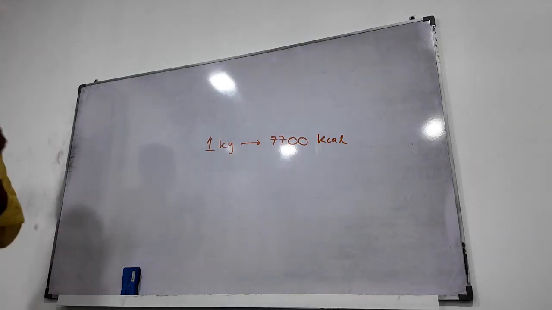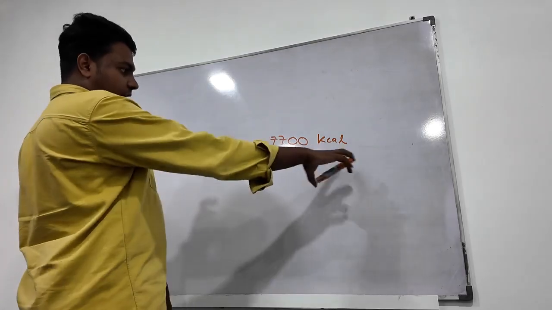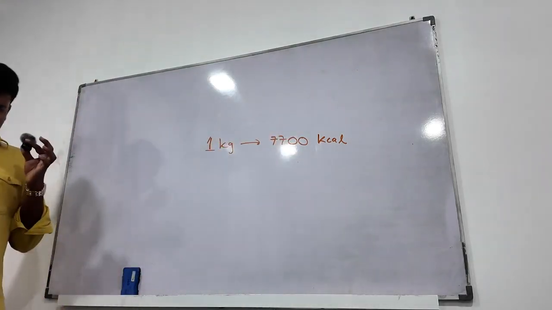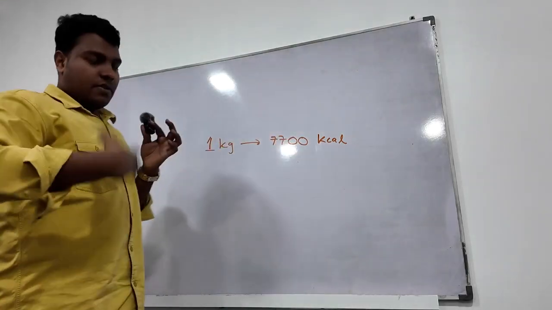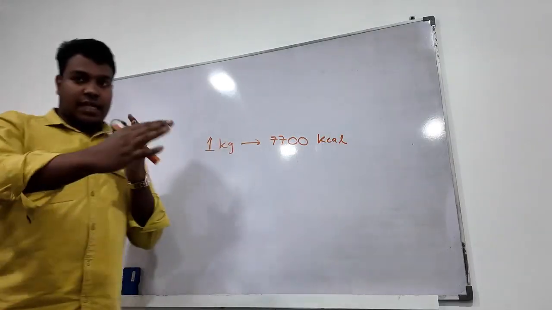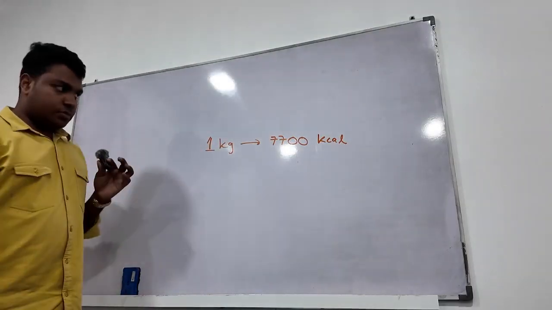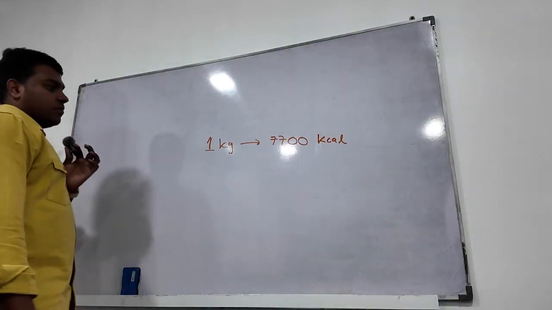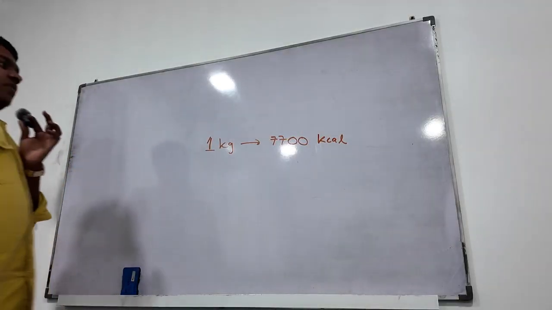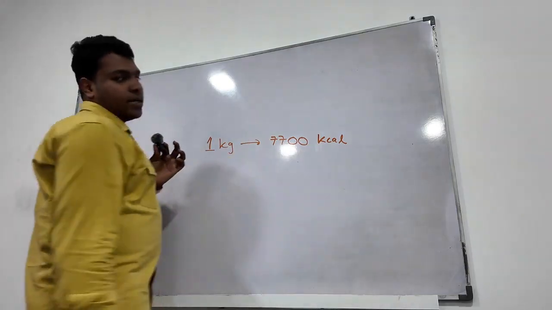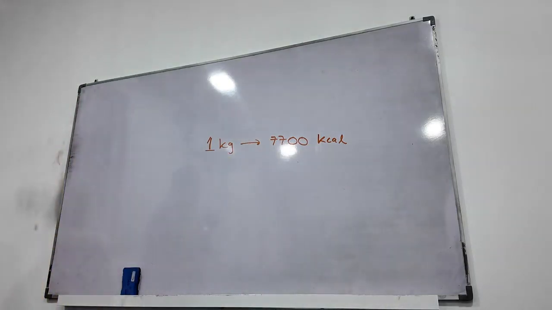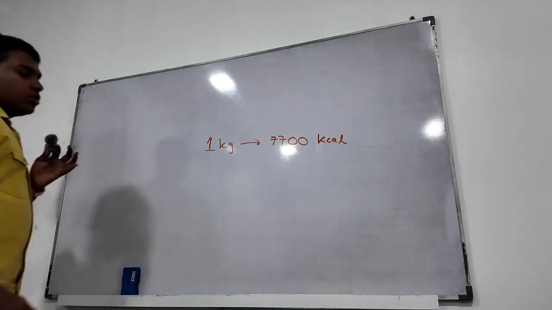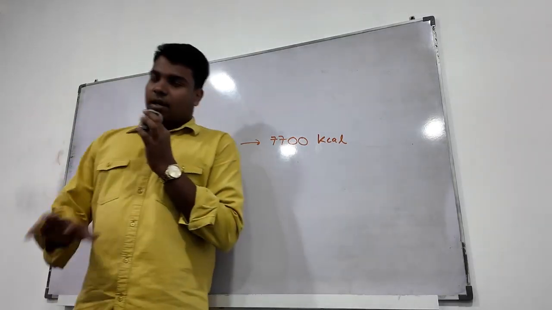That means you have to either lose 7,700 calories from your diet or add 7,700 calories to your diet within a week. So let's say you want to gain 2 kilograms within a week, you have to add 15,200 calories to your diet, more than your body needs. It depends on your weight and height, actually.